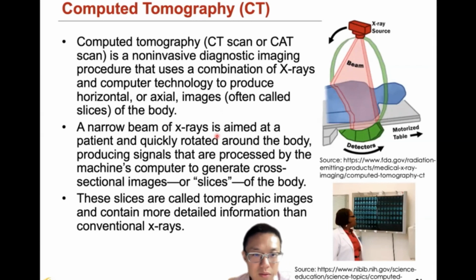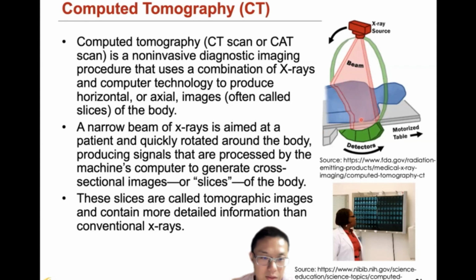So typically a narrow beam of X-ray is aimed at a patient and will quickly rotate around the body, right? The patient will lie on the table. So this is the circle, or you can call it a donut, right? You have these X-ray gantries, with an X-ray source that emits beams at the human body while quickly rotating, and it will generate cross-sectional images or slices of the body.